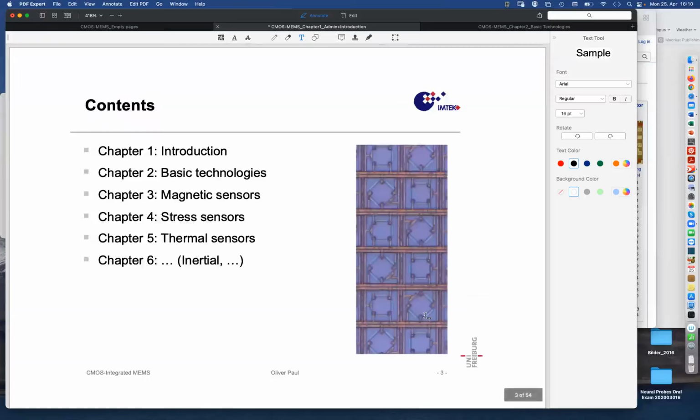It's a lecture that will run through a number of topics. I will give a brief introduction today about some topics, some generalities, and then some examples so that you have kind of an appetizer. And then we'll talk in chapter 2 about basic technologies. And then we'll deal with different kinds of sensors that are based on or fabricated using CMOS technology, because that's the central thing. MEMS is microsystems, sensing, actuating systems, usually combined with circuitry, and then they're fabricated in CMOS technology.